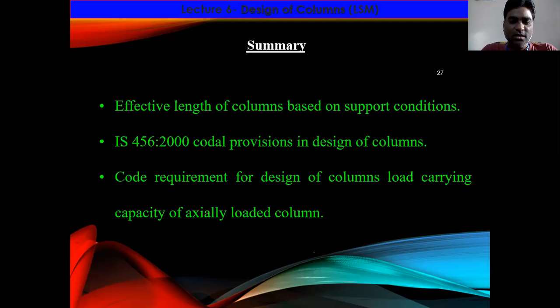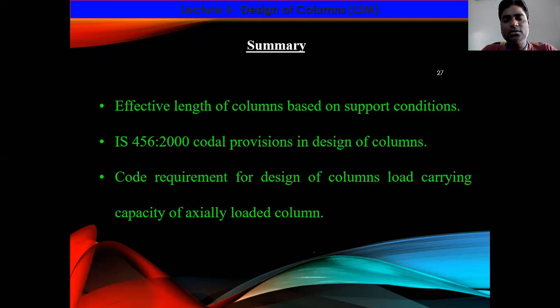And another codal provision is the longitudinal reinforcement. The minimum reinforcement should not be less than 0.8% of the cross-sectional area of the column, and the maximum should not be greater than 6% of the cross-sectional area of the column. But from the practical point of view, if you provide up to 6%, then it is a little bit difficult for placing and compacting concrete.